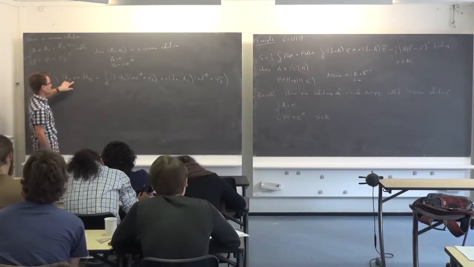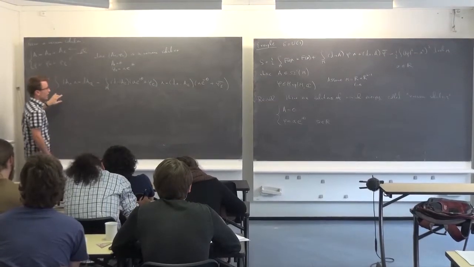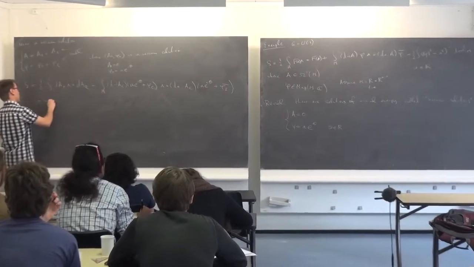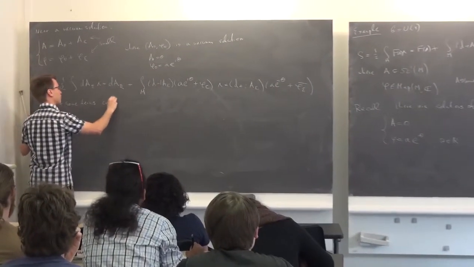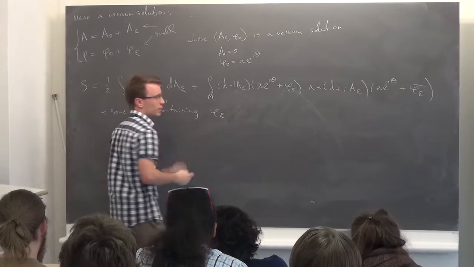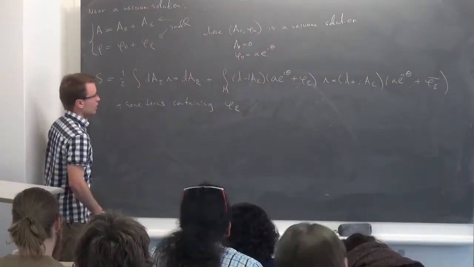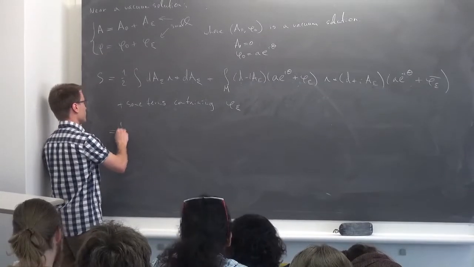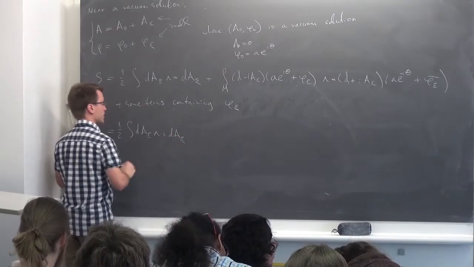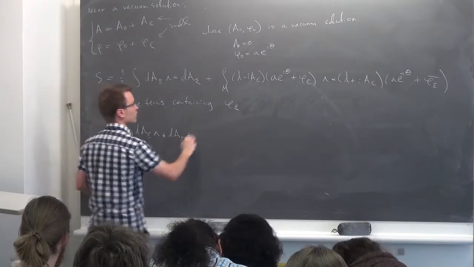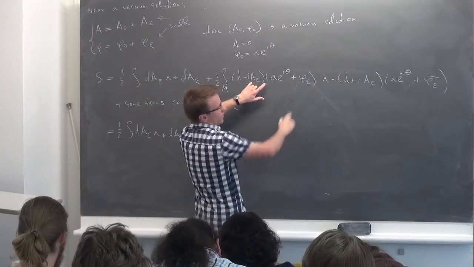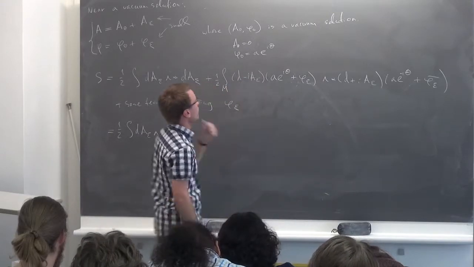And I'm only going to look at terms which contain A epsilon, and only quadratic terms in A epsilon, which is the leading term, plus some terms containing epsilon coming from the potential. So this is going to be dA epsilon wedge star dA epsilon. Forget the 1/2 here. Now let's look at what happens to the quadratic term in A epsilon in this expression.